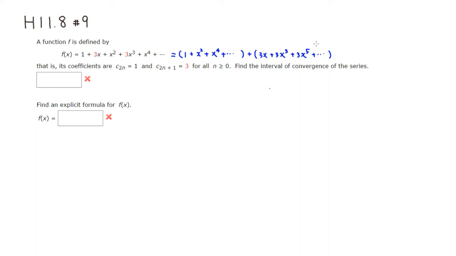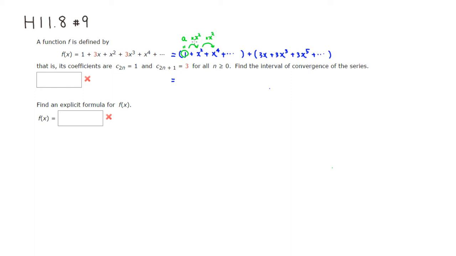For the first one, the a value is the first term. The r value is the factor you multiply by to get to the next term, so to go to the next term you multiply by x squared.